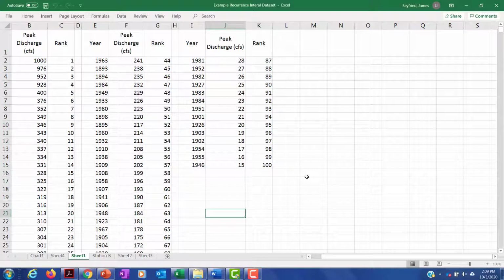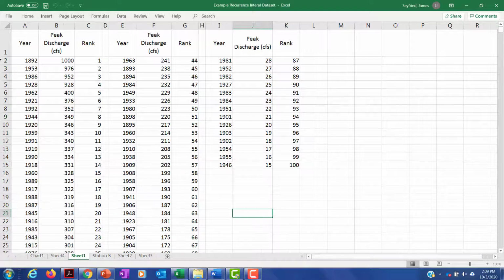You just rank it. In this data set, the number one flood event happened to occur in the year 1892, where that river did 1,000 cubic feet per second as a peak discharge. The second highest flow ever recorded in 100 years, doesn't matter that it was 1953 or whatever, it was 976.